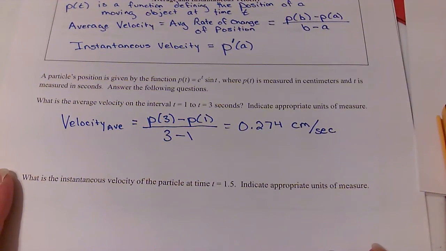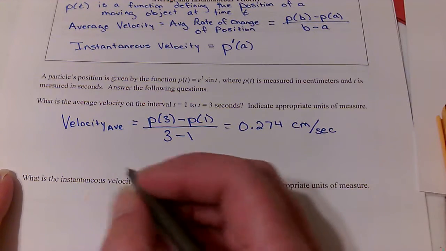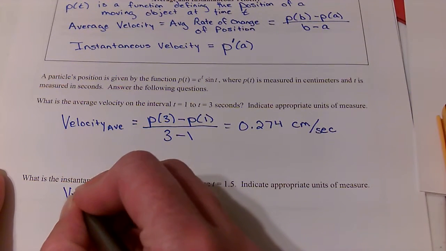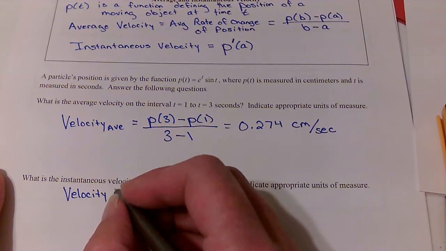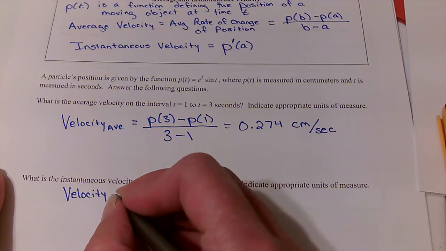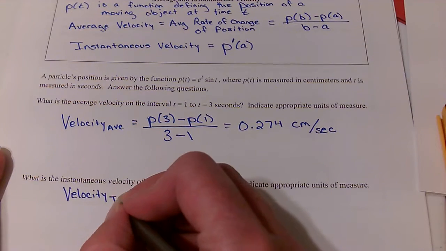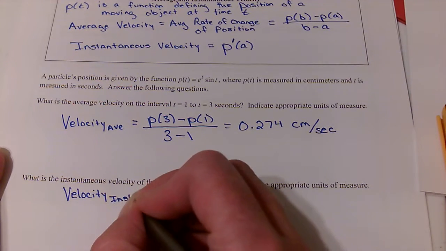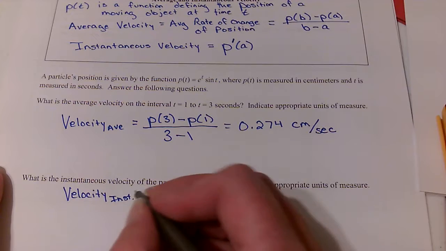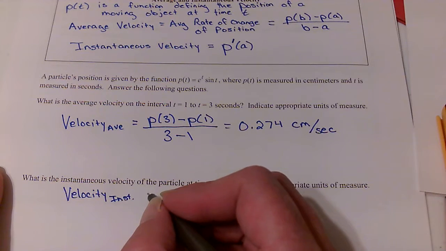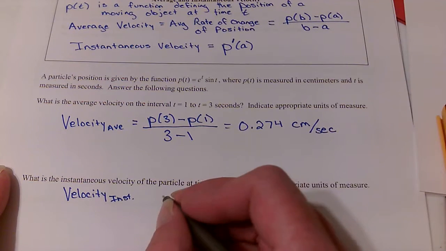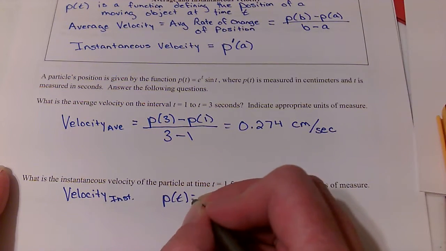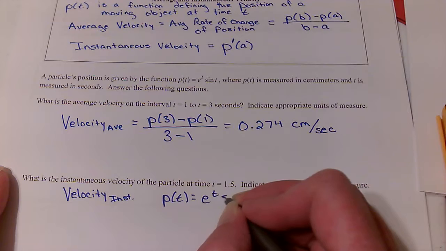Instantaneous velocity. That's going to be the derivative of our position. Now remember, our position function is e to the t sine t.